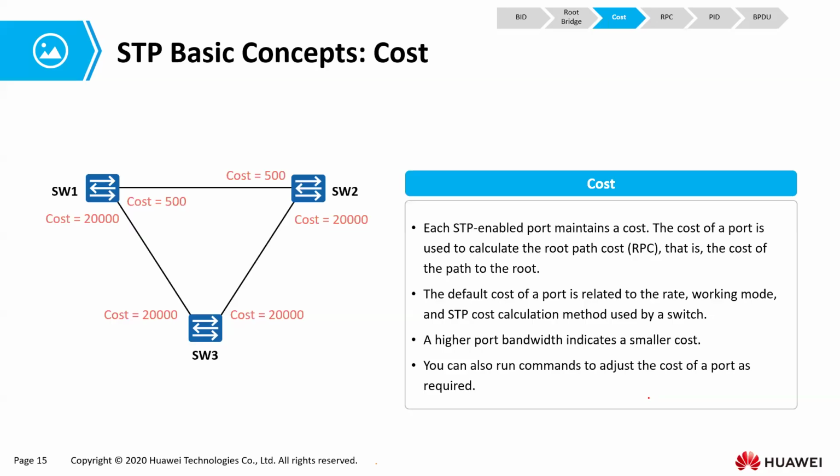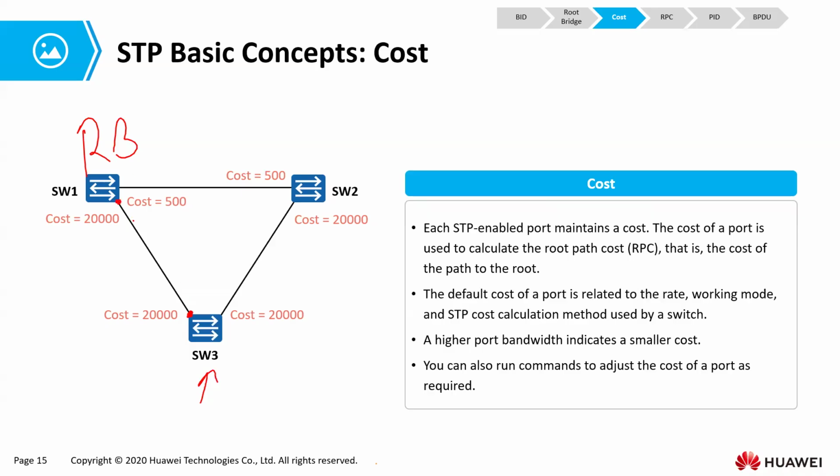So in this example, let's say we have identified the root bridge. We've compared my BIDs, my bridge IDs, and identified the root bridge. Now we need to see the lowest cost to get to the root bridge. So in this example, if I take a look at switch 3, the port cost is 20,000.